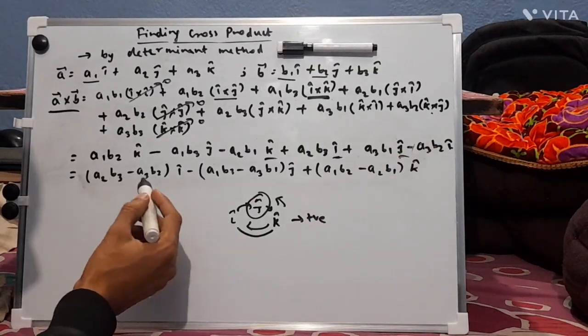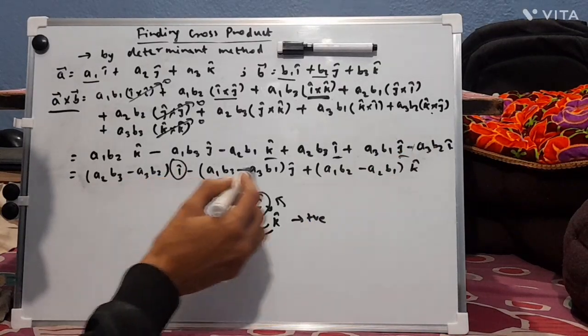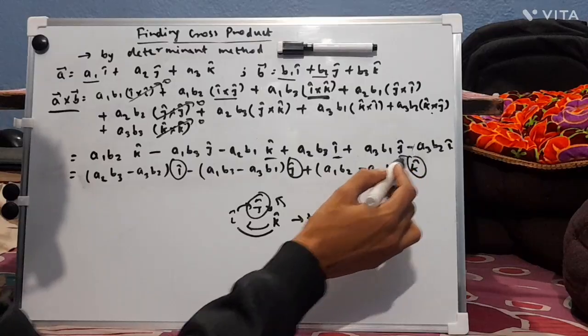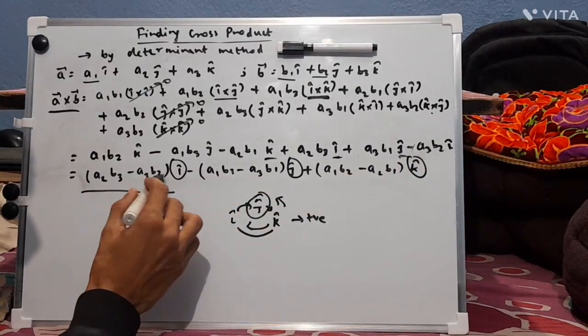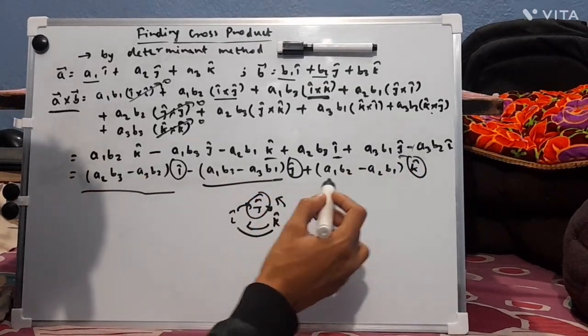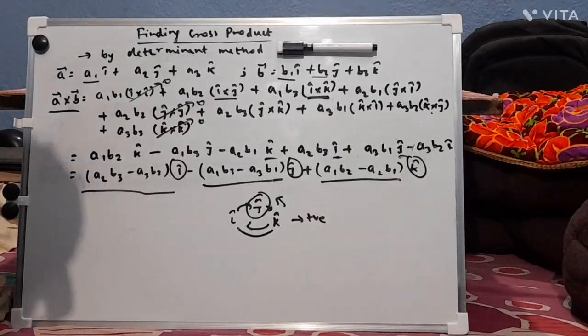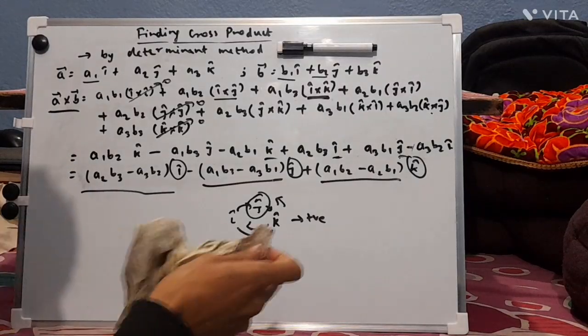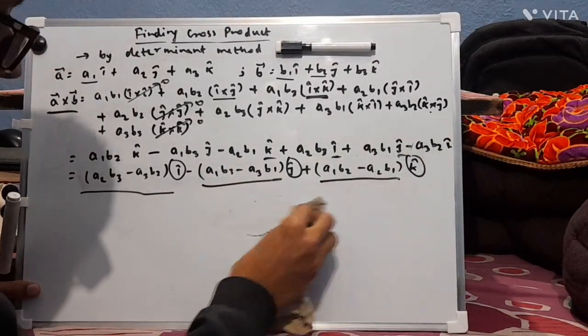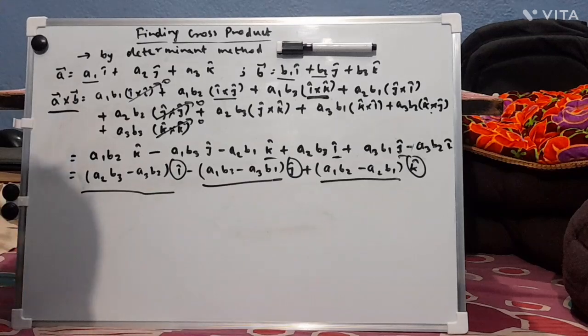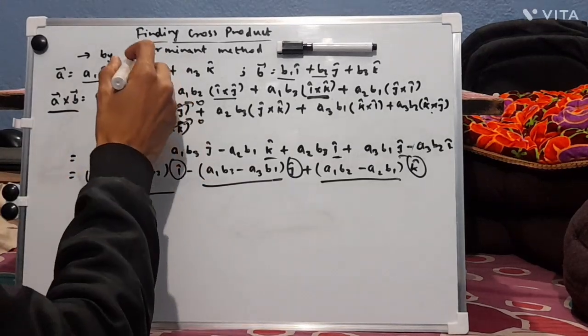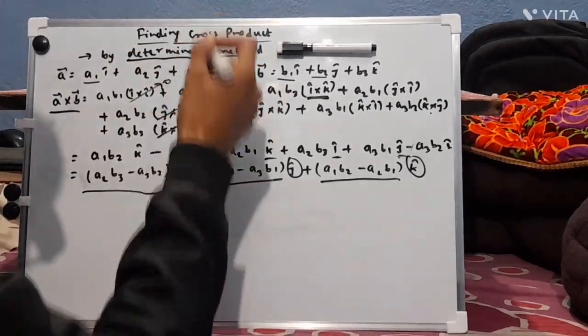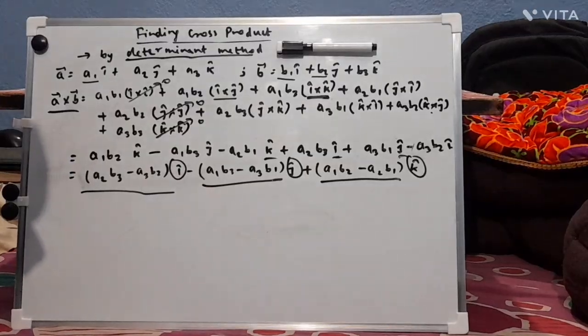So we will take common i cap, j cap and k cap, and the result will be (a2 b3 minus a3 b2), (a1 b3 minus a3 b1), and (a1 b2 minus a2 b1). And we can represent this in the form of a determinant, and it would become very easy for us. We always prefer this method because it's very easy and we don't have to do all this drama.